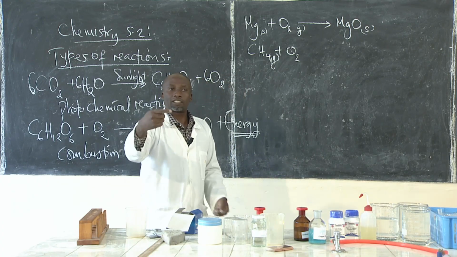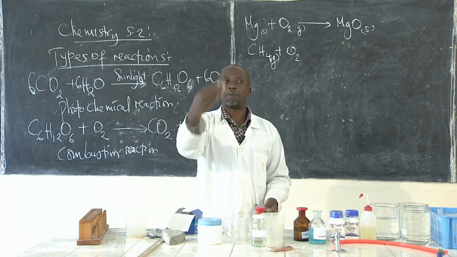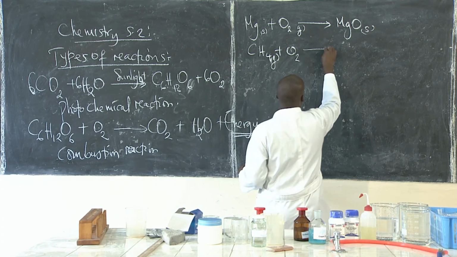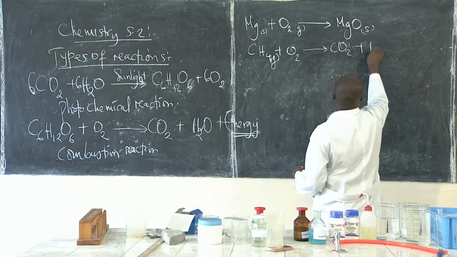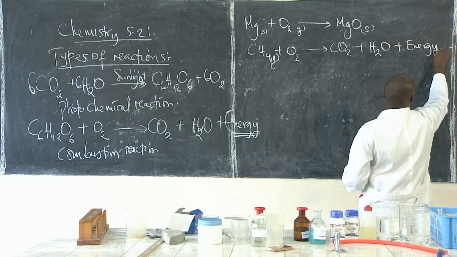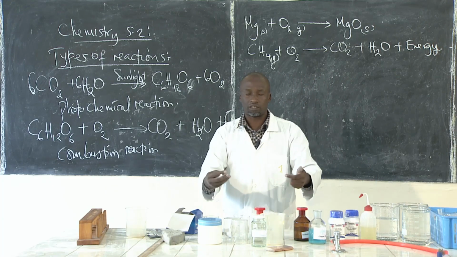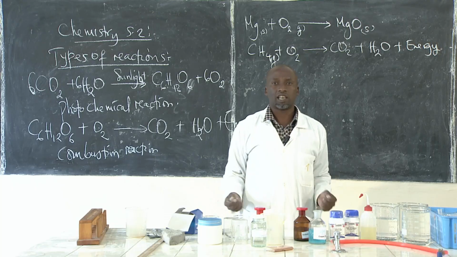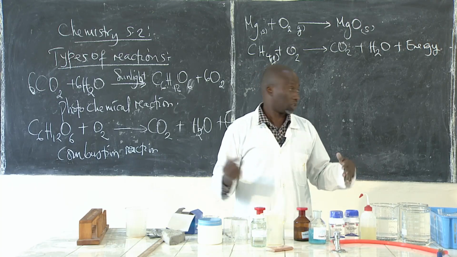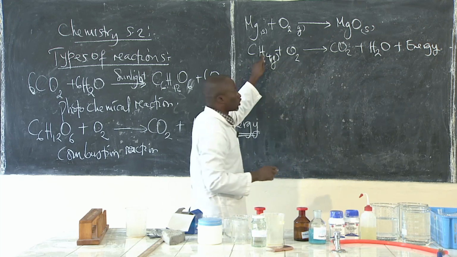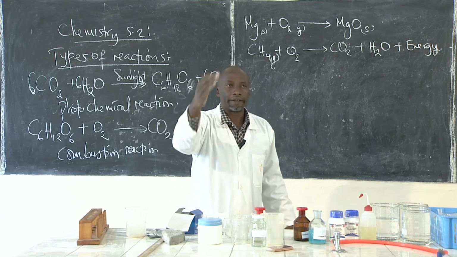It reacts with oxygen, so it burns with oxygen, and produces carbon dioxide and water, plus the energy that is produced in the form of heat for cooking food, boiling water, and other activities in our home. So it is very important to remember this reaction. This is also a combustion reaction.